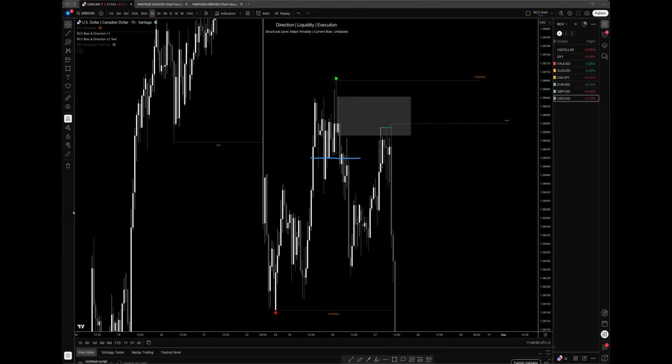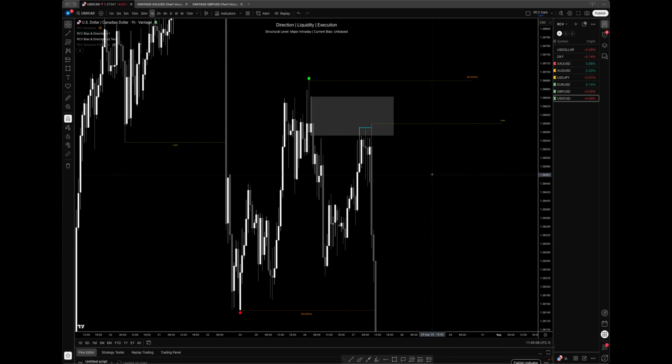There was an H1 point of interest here. You can see that very clear buy to sell candle that led into the engulfing, that led into the disruptive move that created the internal structural range that favored the external here.